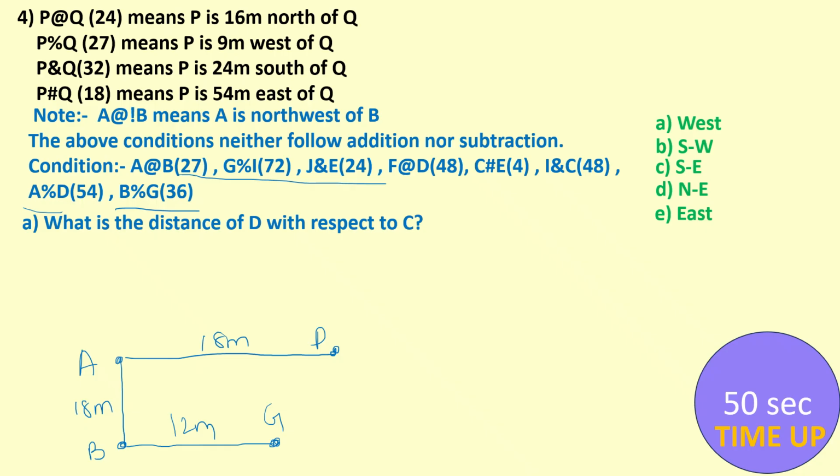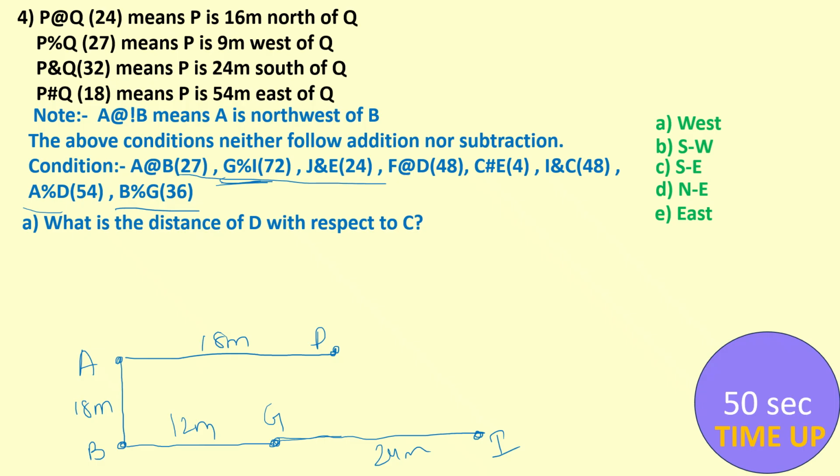Next, G percent I. Now you got the connecting point. So G percent I means G is to the west of I by 24 meter, correct? 24 meters somewhere here I will draw. This is I. Next, J and E is there, correct? J and E connecting points are not there.